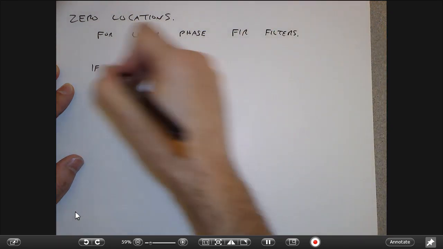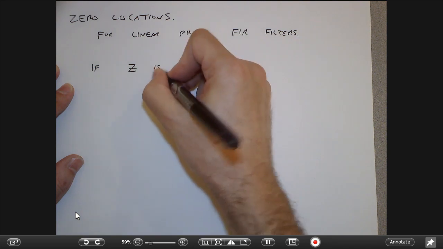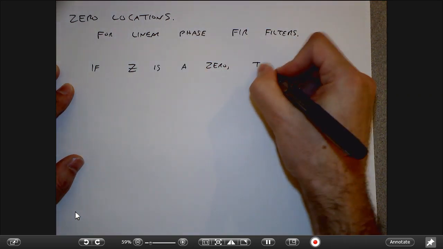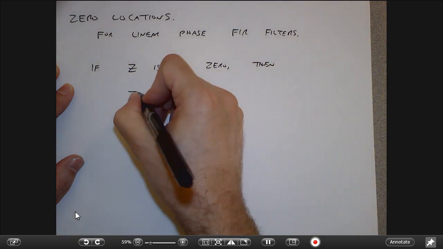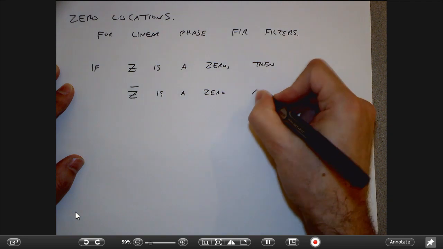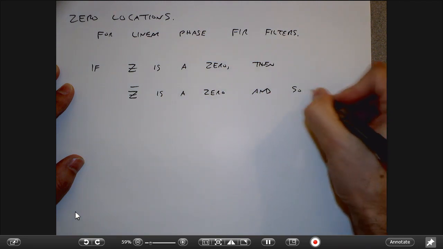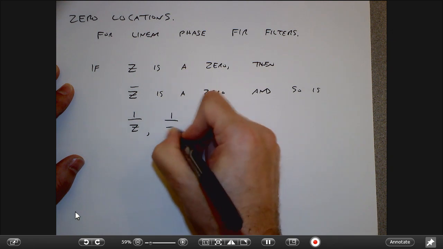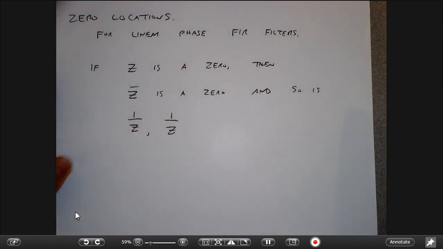So the idea is that if z is a zero, then z conjugate is a zero, and so is 1 over z, and 1 over z conjugate. And so what you get are zeros that occur in a cluster of 4, right?